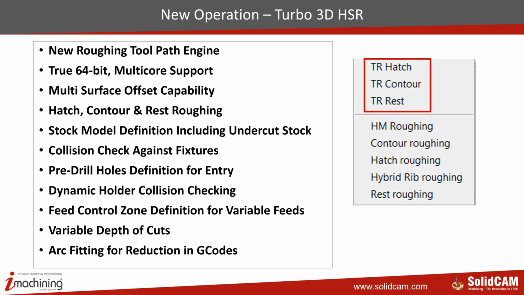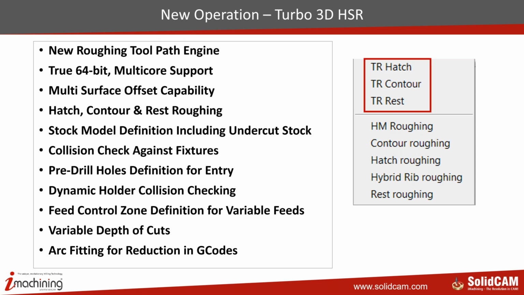In the feed control zone, you can define variable feed rate, variable depth of cuts, and arc fitting for reduction in G-code. These are some of the highlights of Turbo 3D HSR and HSM.